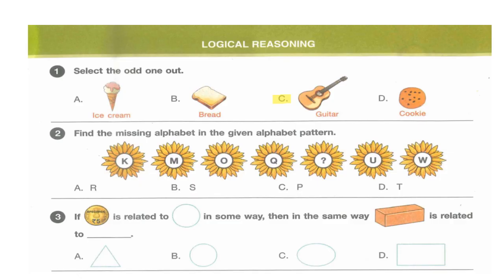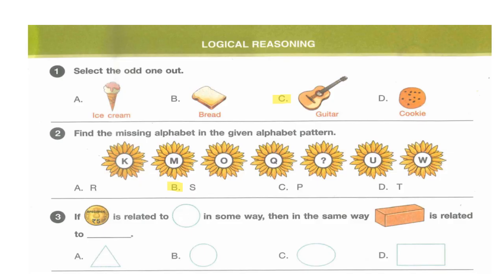Option A, R, option B, S, option C, P, option D, T. So if you see the pattern, it is like K, L, M, N, O, P, Q, R, S, U, V, W. Hence, the answer is option B, S. Let's move on to the next question.